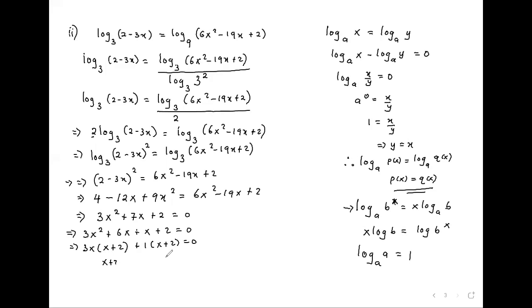Then x plus 2, then 3x plus 1. So x plus 2 is 0 or 3x plus 1 is 0. So that x is negative 2 or x is negative 1 over 3.